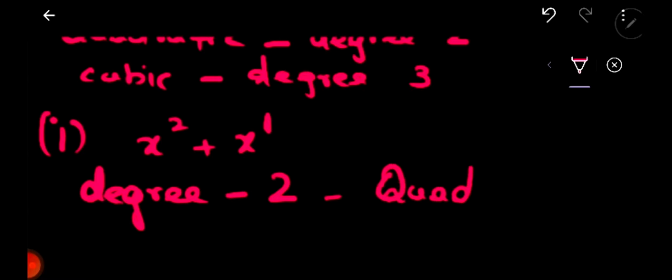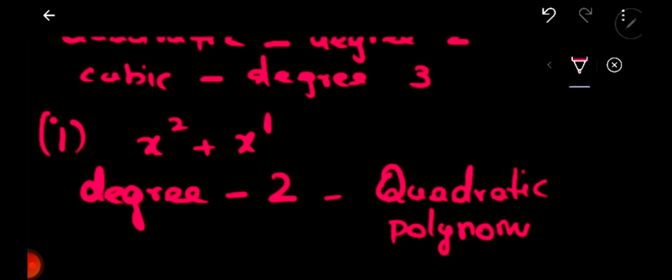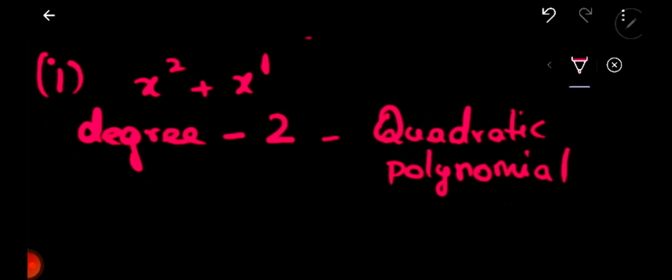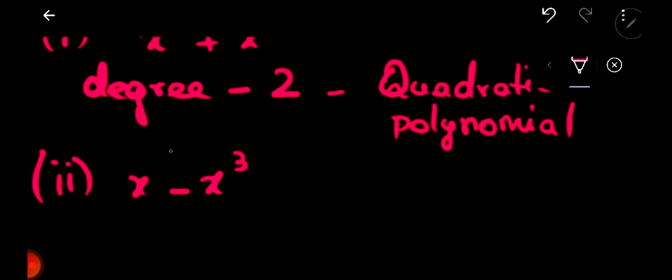And the second question, x minus x cube. The power of the first term is 1 and the power of the second term is 3.